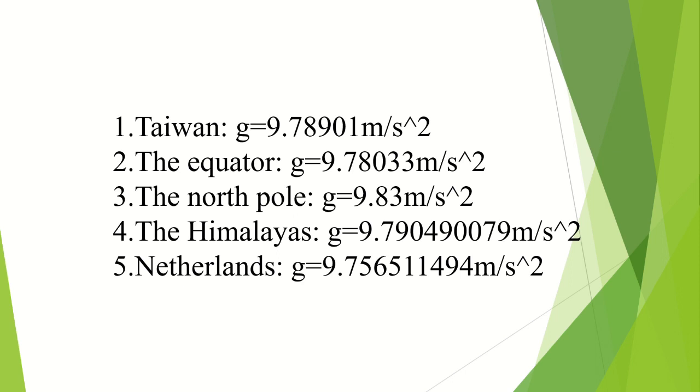For the North Pole, it is 9.83 meters per square second. For the Himalayas, it is 9.790490079 meters per square second. And for the Netherlands, it is 9.756511494 meters per square second.